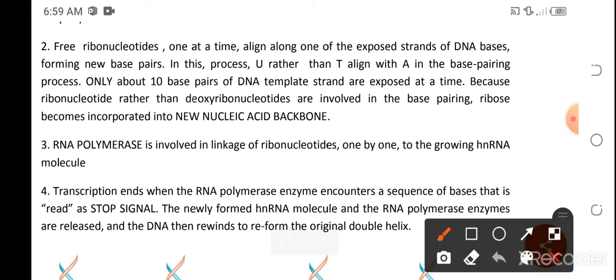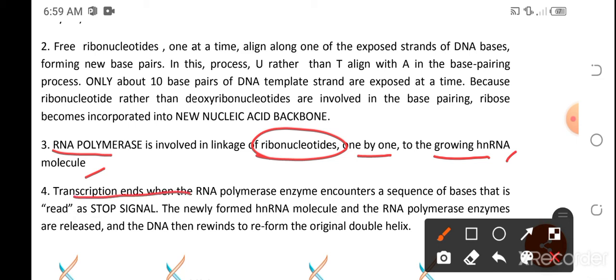And we also have RNA polymerase, again, that will involve in the linkages of this new ribonucleotides. Okay, so one at a time in order for a growing hnRNA molecule to be produced. So once na nagkaroon ng bagong base pairing, these nucleotides will be bonded together so as to produce the new nucleic acid in the form of hnRNA.